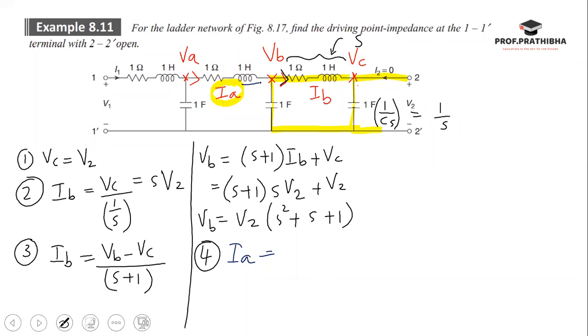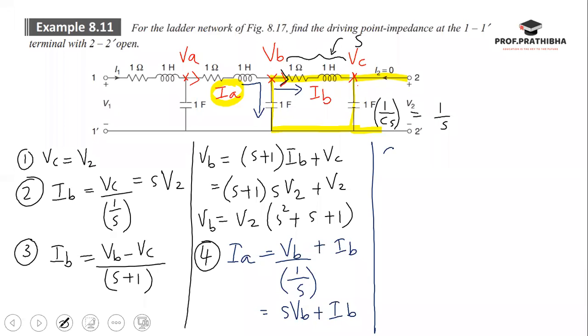So IA flows here and also here. That means I'll write it as VB upon 1 by S plus IB, which equals S times of VB plus IB. And that means that I can write this as IA is equal to S times of, what is VB? VB is that big equation that we have got, S² plus S plus 1 plus what is your IB?